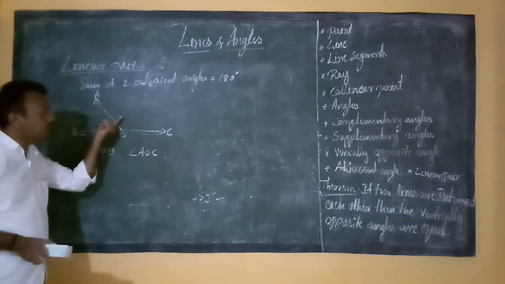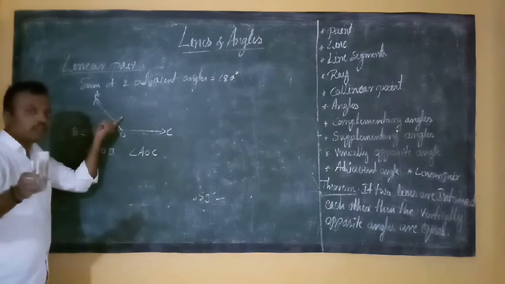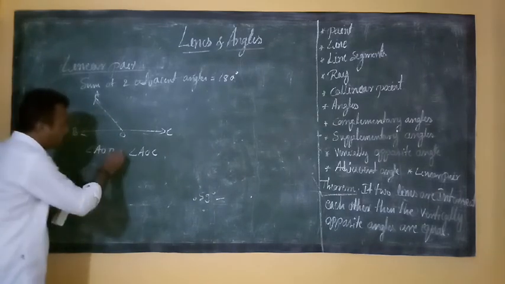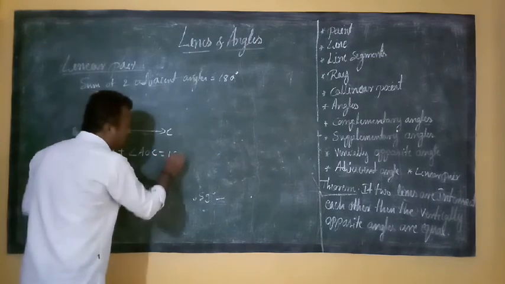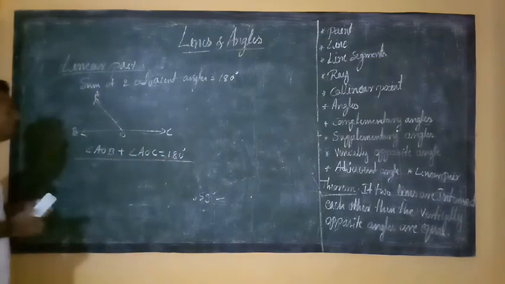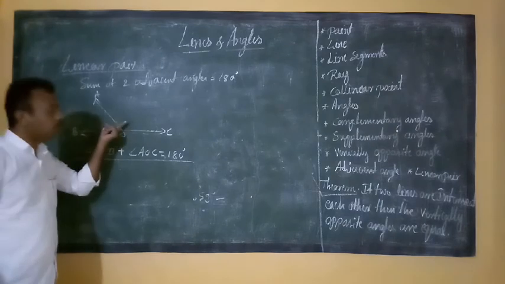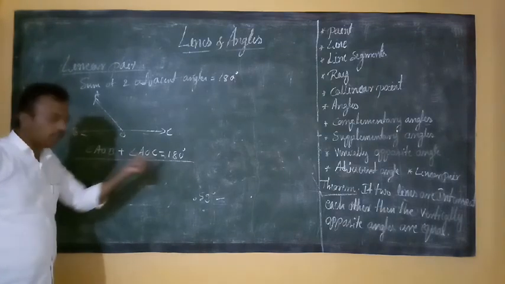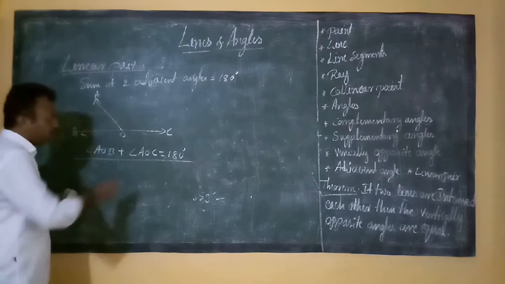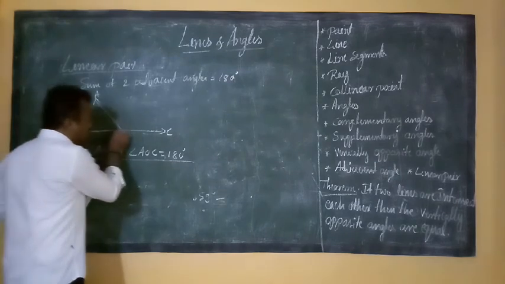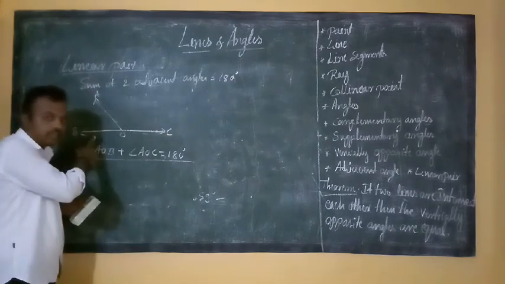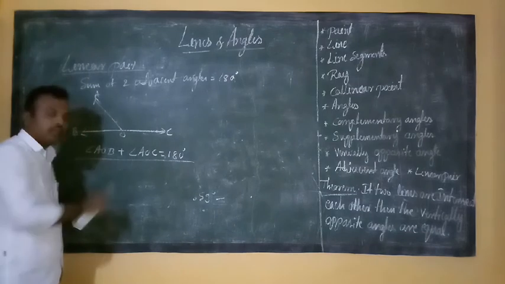But if you sum these two adjacent angles, the sum becomes 180 degrees. Therefore, this is called what? Linear pair. Linear pair means the sum of any two adjacent angles equal to 180 degrees. The 180 degrees means it becomes a straight line.